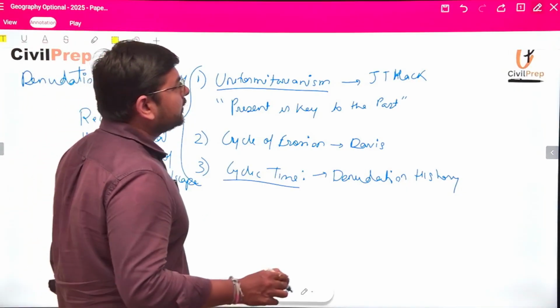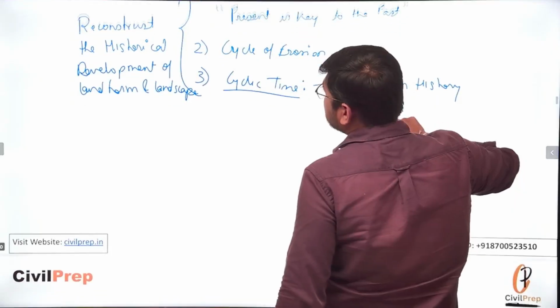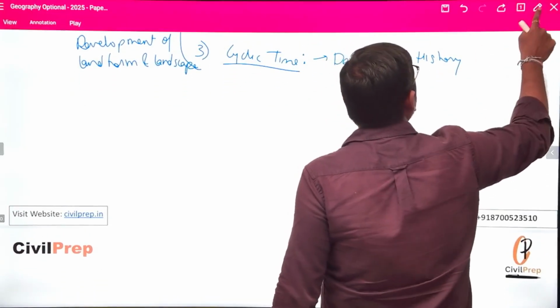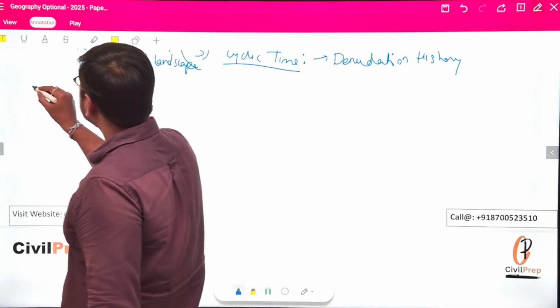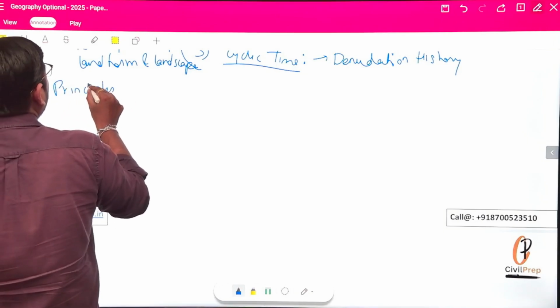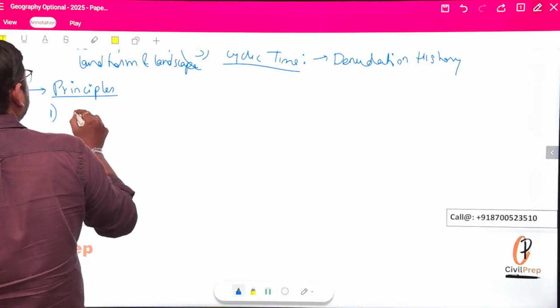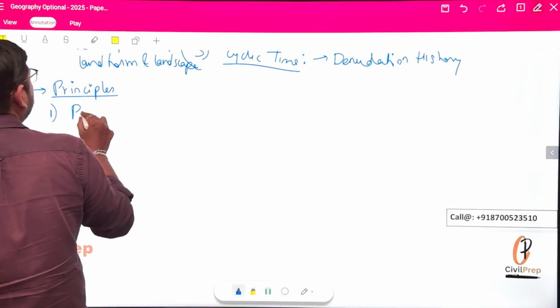So under this, the first thing we see, where the other principles are applied, that is number one, palimpsest topography.